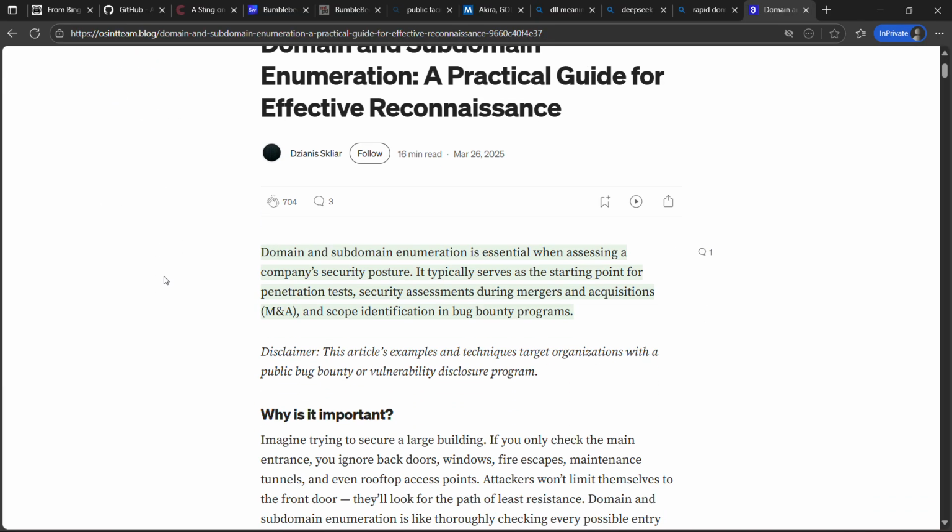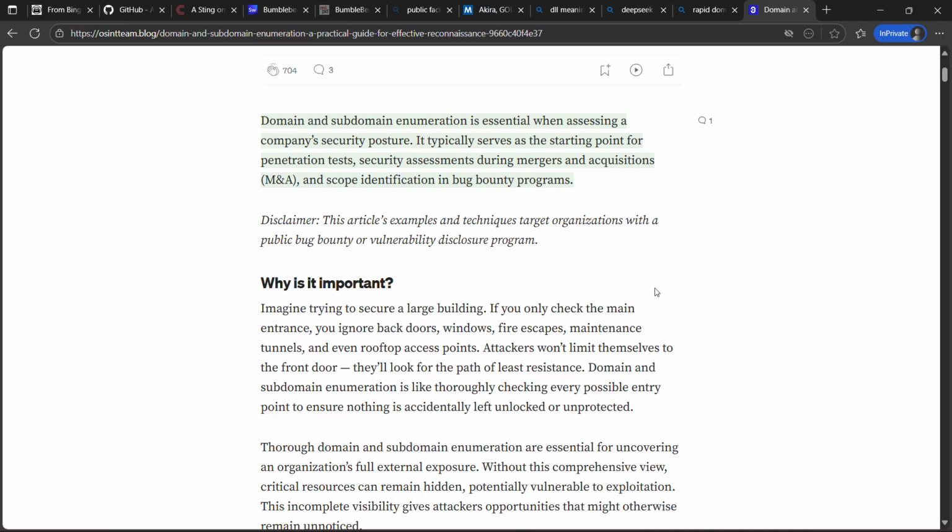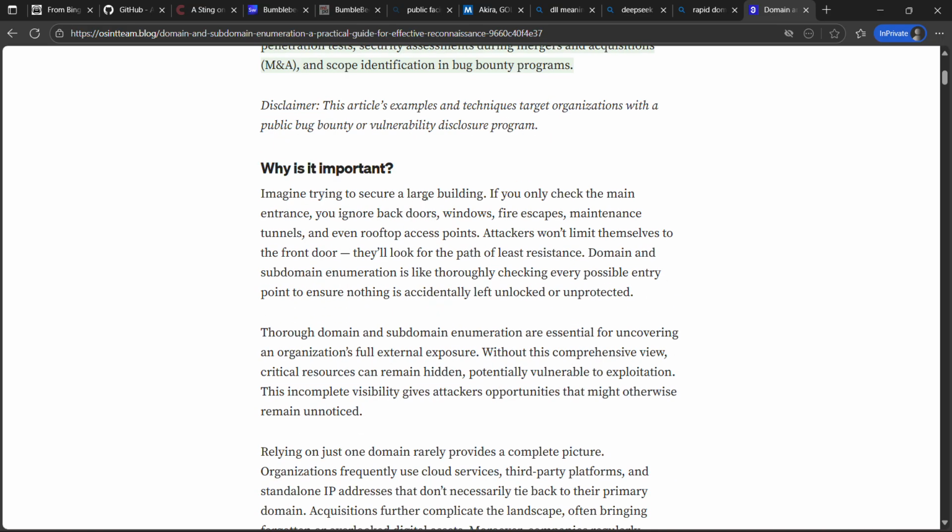Domain and subdomain enumeration is crucial when assessing a company's security posture. It typically serves as a starting point for penetration tests, security assessments during mergers and acquisitions, and scope identification in bug bounty programs. Attackers put themselves at the front door to look for the path of least resistance.